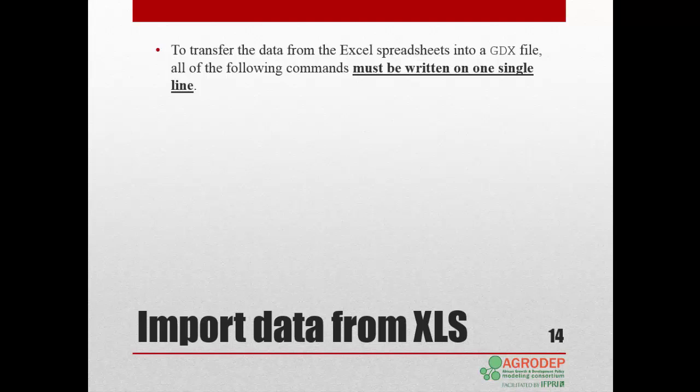To transfer the data from the Excel spreadsheets into a GDX file, we use the $call command. In GAMS, this command must be written in a single line. But for reading purposes, we have divided the command in 4 short blocks.